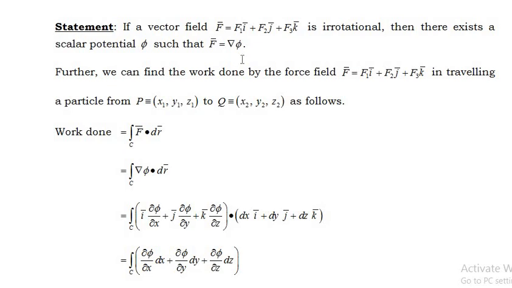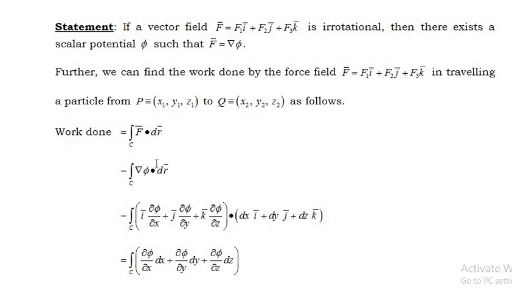Then further, in such a case, to find the work done by the force field F bar in traveling a particle from point P with coordinates x1, y1, z1 to point Q with coordinates x2, y2, z2, it is as follows.